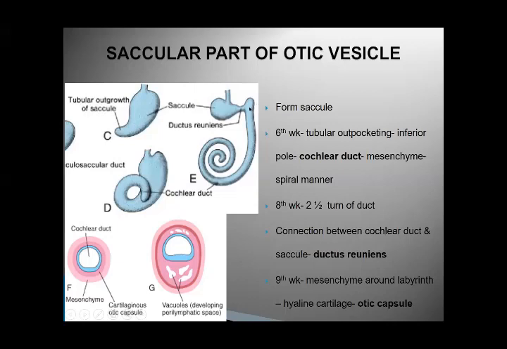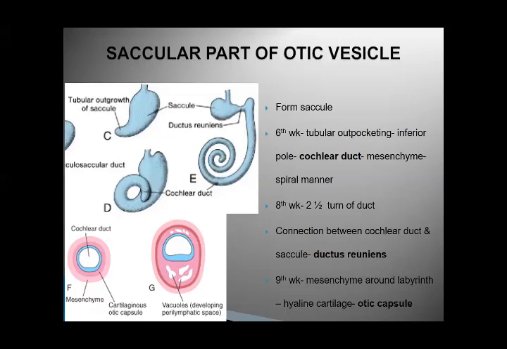It is still connected to the saccule. The small connection between the saccule and the cochlear duct develops into the ductus reuniens. Okay, so the ductus reuniens is a simple connection between the saccule and the cochlear duct.